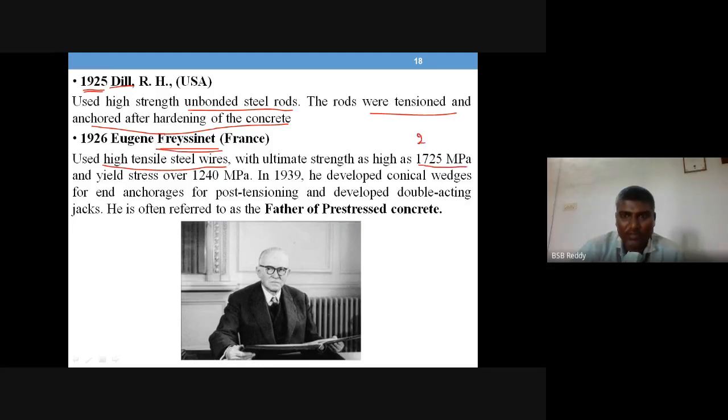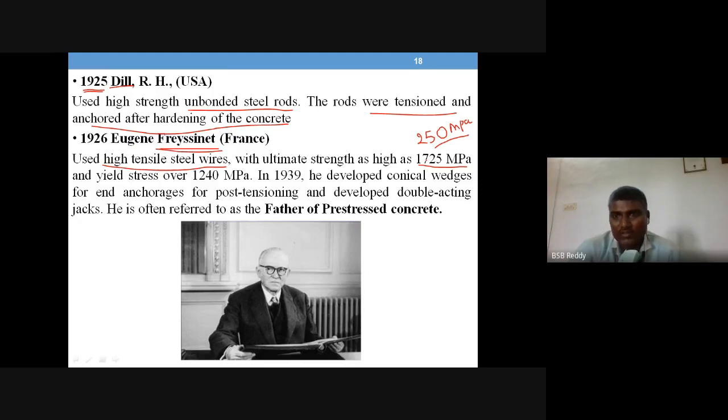Now we have started the pre-stressed concrete with 250 megapascal as the tensile stress for pre-stressing. He could go to an extent of 5 to 6 times in fact.